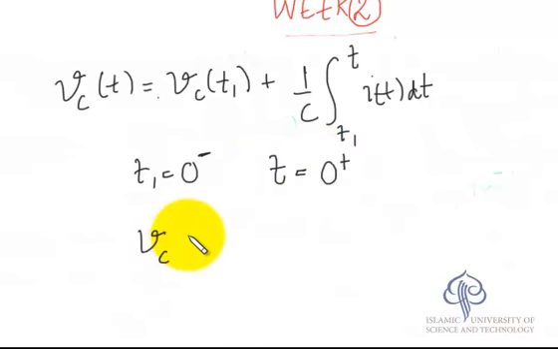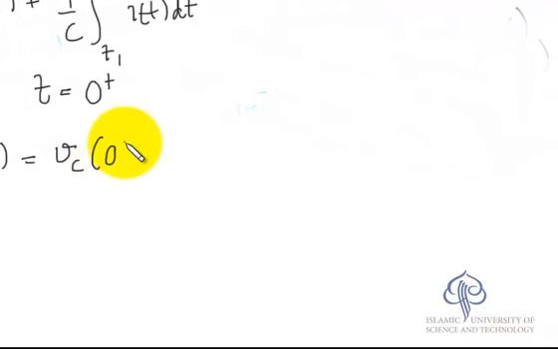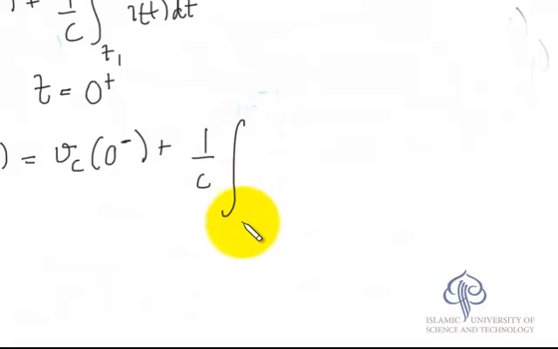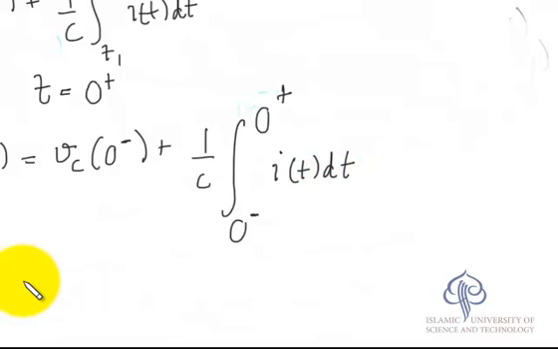So we can write the above equation as: the voltage of the capacitor at 0 plus is going to be the voltage of the capacitor at 0 minus plus 1/C integral of all the currents that have been applied from 0 minus to 0 plus on the capacitor.